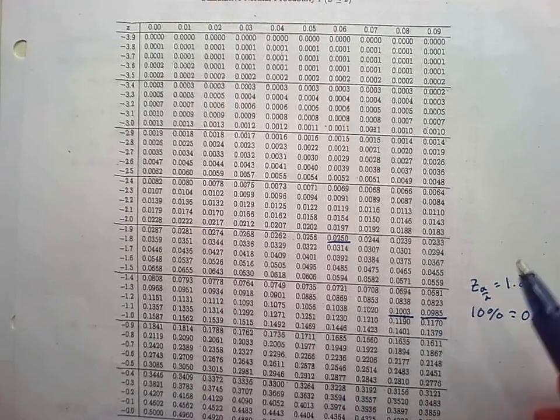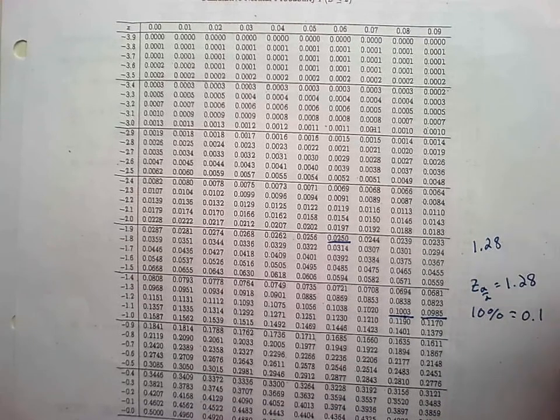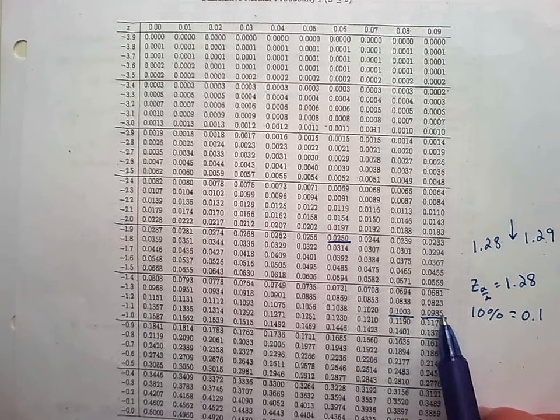So really, we're looking for a z value that's somewhere between 1.28 and 1.29, a little bit closer to 1.28 than it is to 1.29, right? We only want to get a little bit away from this, but not quite all the way to 1.29.